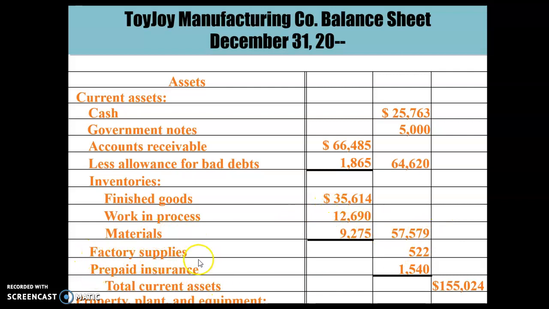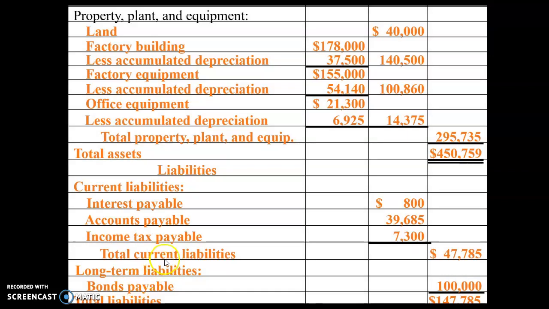We have some supplies, and we have a prepaid insurance policy that's all considered assets. We learned all about that in Accounting 101. So now I'm going to add all of those assets together, and I get total current assets of $155,024. The next classification is going to be the property, plant, and equipment.